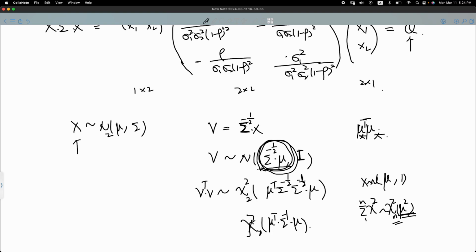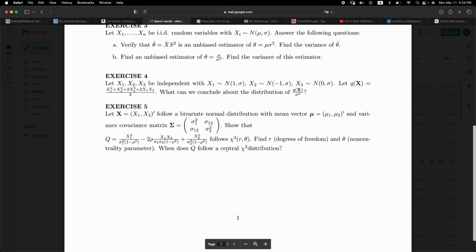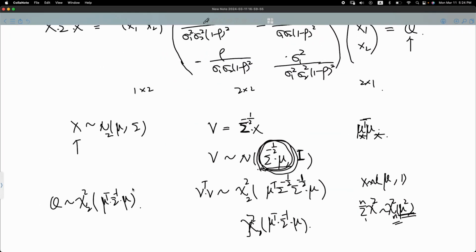Back to the question, Q follows a chi-square with non-central parameter mu transpose sigma inverse mu. There's another part asking when this follows a central chi-square. That would be when mu is equal to the zero vector.